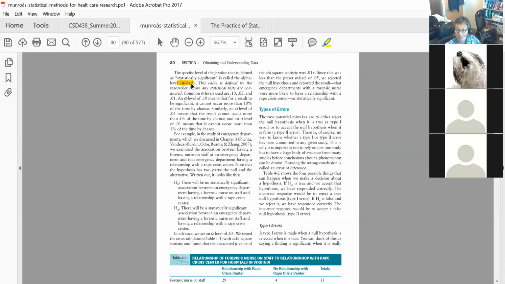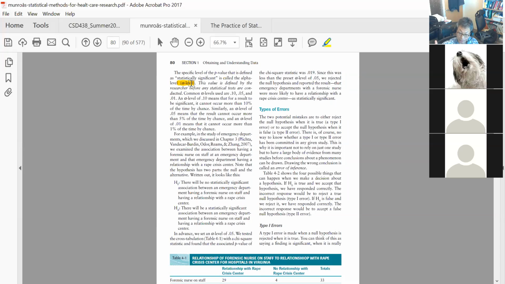The alpha level is a predetermined value. Before conducting any testing, we have to set it: if my calculated p-value is less than that alpha level, then we define the statistical test as significant, right? So to say significant or not, we need a certain criterion.